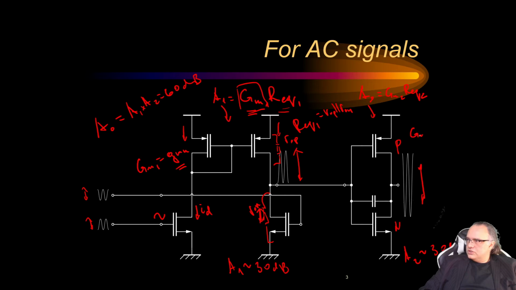So this means that GM2 is actually GMN plus GMP. You see that both transistors contribute to the modulation of current. Say this voltage changes, then this current here in this direction increases, while this current in this direction decreases. So again, excess current is generated. But essentially, both the P and the N transistors participate in the formation of GM.